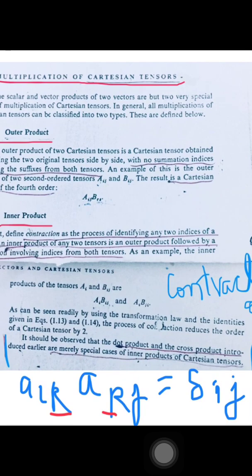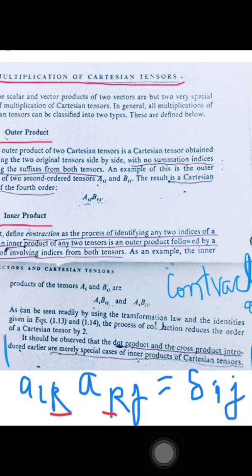K and K, the repeated indices, become contracted and removed. So we get delta ij. This is less in order than the outer product, so this is an inner product. So these are two types of product: outer product and inner product. After studying dot product and cross product, these two types of Cartesian tensor product also exist, which we study later on, and are also used in some applications of Cartesian tensors.